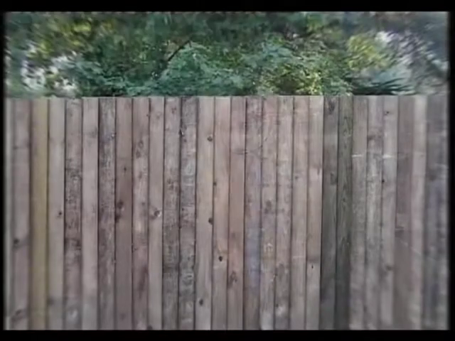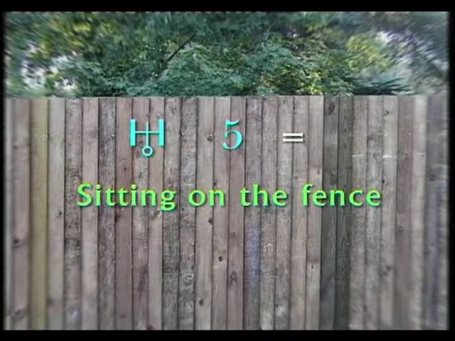Some would call this sitting on the fence. It is, of course, figuratively speaking. Libra rules fences, and sitting on the fence would be Uranus in the 5th house. But the Uranus would be retrograde for reasons we give later.